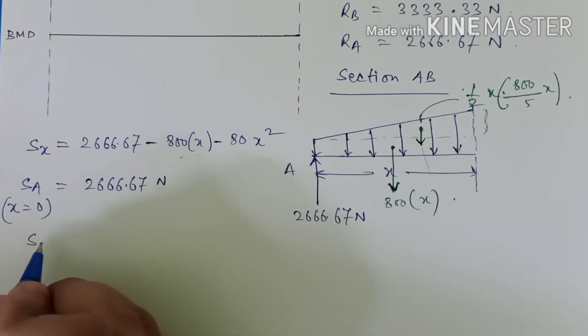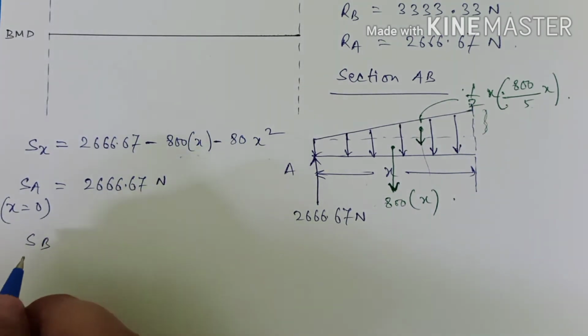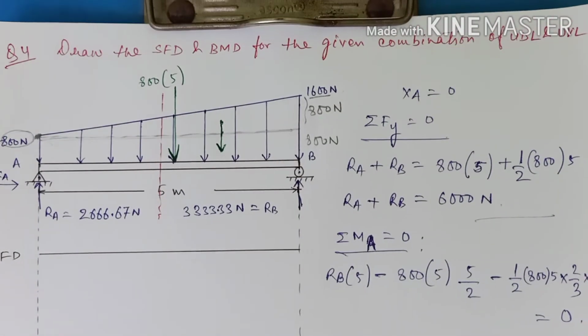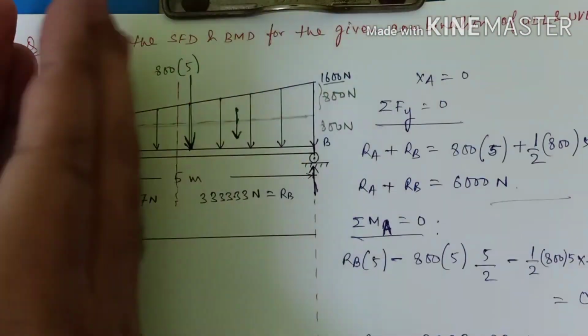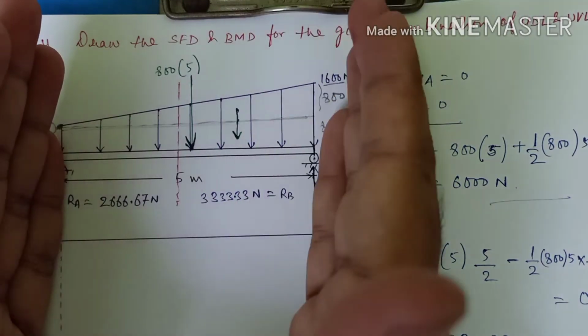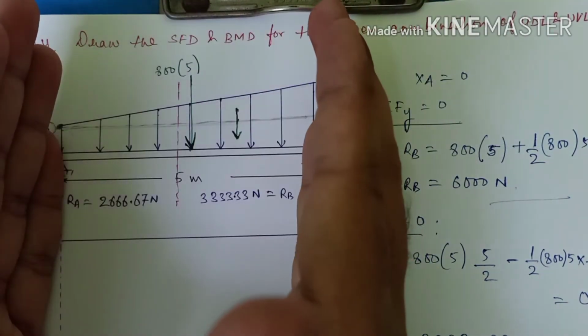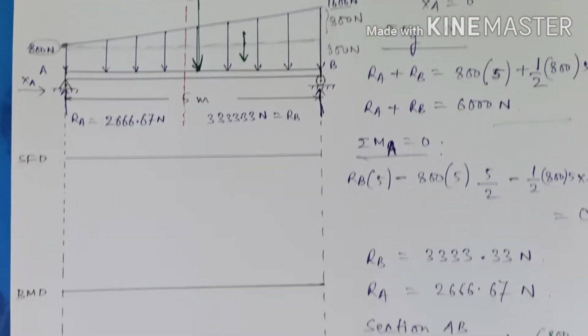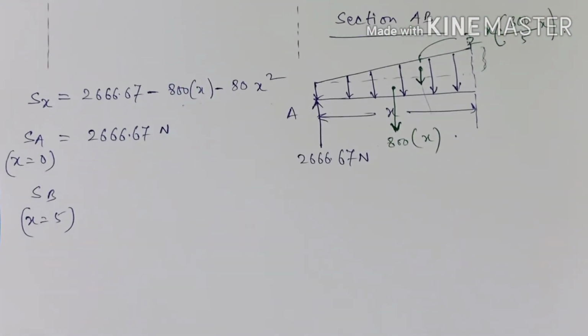And for the shear force at B, you have to put x equals 5. The main idea is to start with x equals 0 and gradually increase the span. Here we have no other point loads, so we just have 2 points, that is A and B.